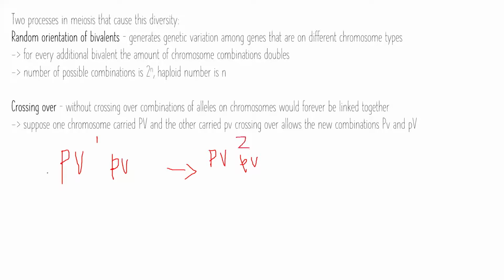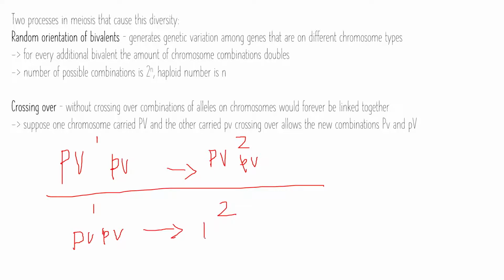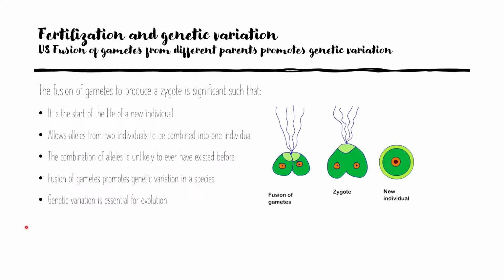Let's say crossing over was possible, and in generation 1, we're of course going to have the original combination of alleles right here. And as we go to generation 2, the possible combinations come up, and these give us new combinations of alleles. So this is why crossing over is imperative for genetic diversity.